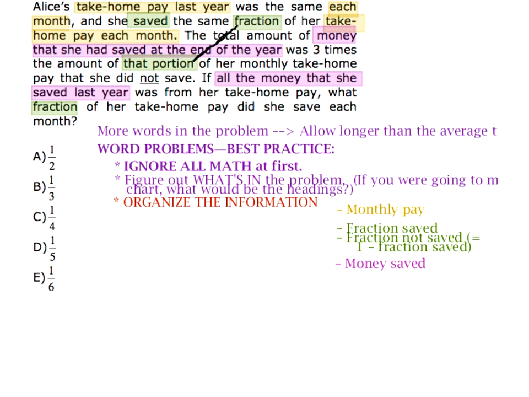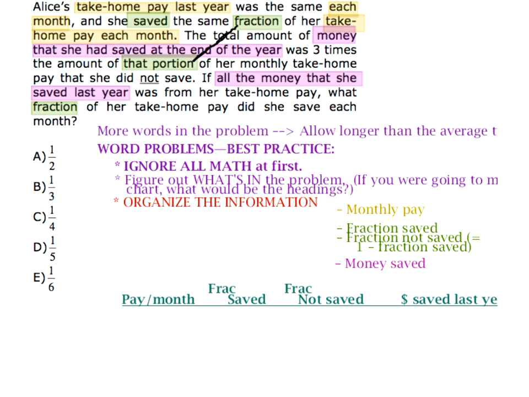And then we have saved last year. And then this is going to be a fraction. This is also going to be a fraction. I mean, that's a pretty primitive device, but there it is. It's an organizational device.